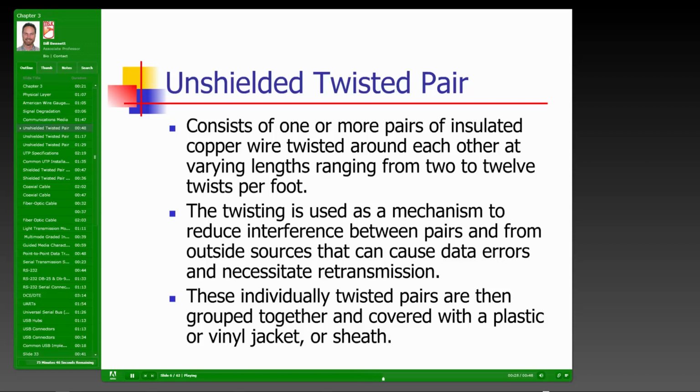It's the twisting that reduces interference between the pairs and keeps outside sources of interference from causing data errors. The individually twisted pairs are then grouped together and covered with a plastic or vinyl jacket, also known as a sheath.